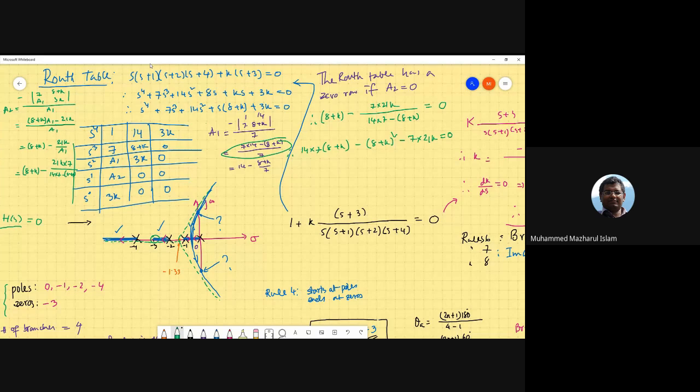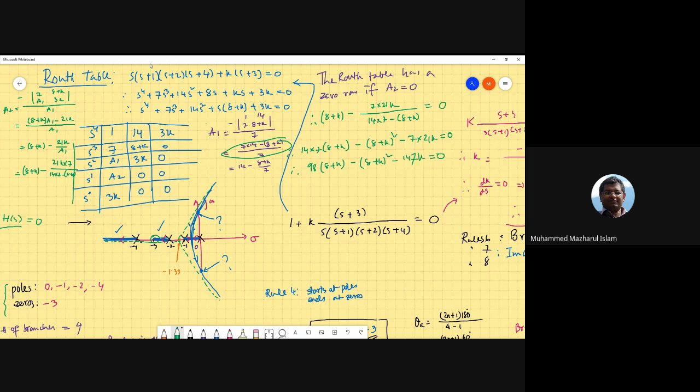This will be the result. So 7 into 14 is 98. And minus 8 plus k whole square, you have to break it down, of course. And 7 into 21 is 147.